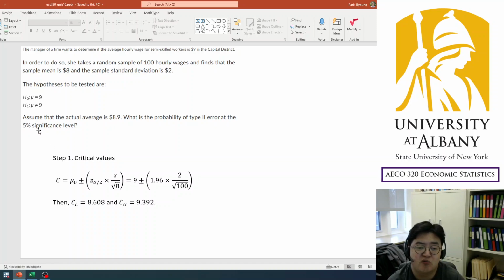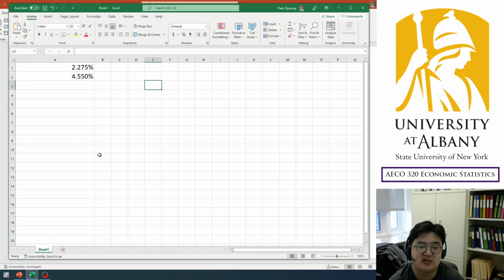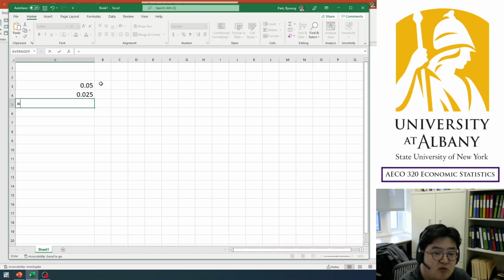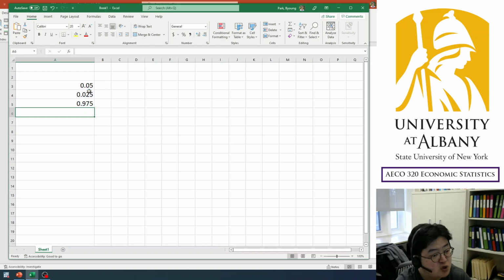Here we are using the 5% significance level. We are going to split this in half, and we will take 1 minus the half to make it a cumulative probability.